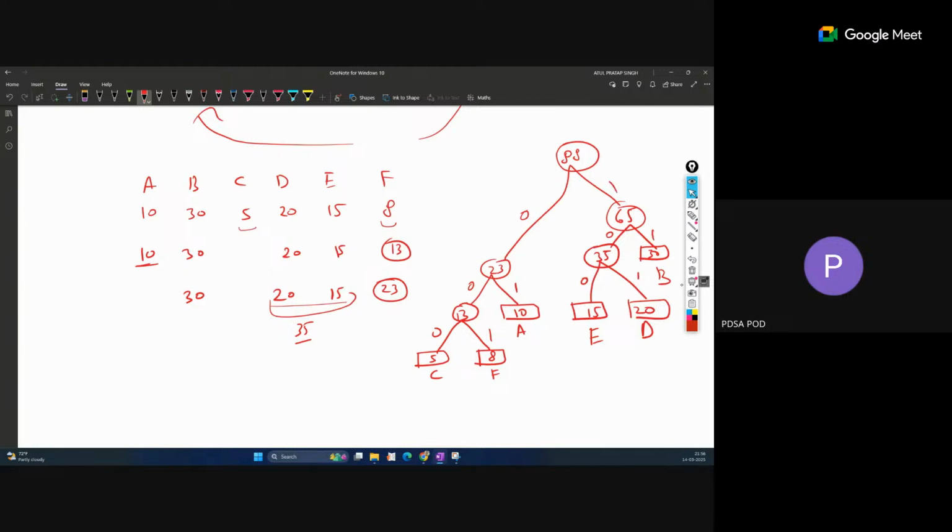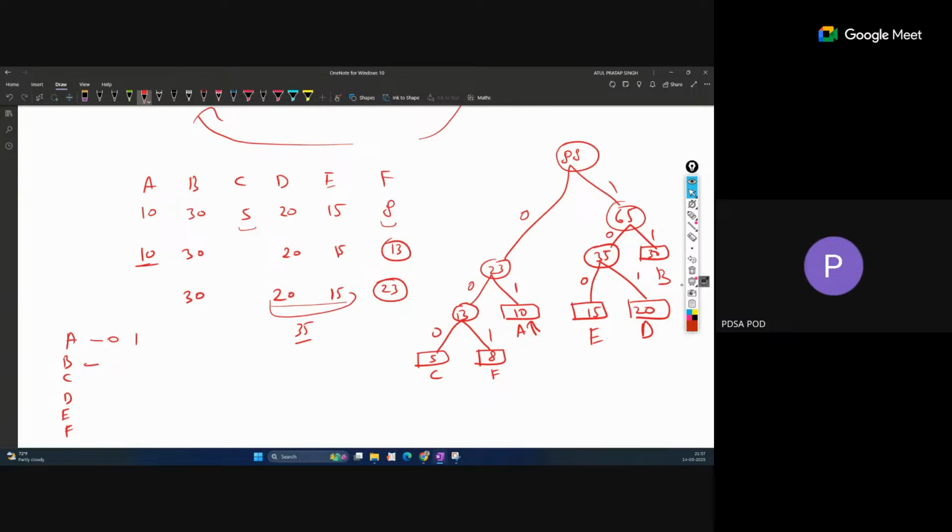Now how will the Huffman code be generated? For A, B, C, D, E, F, just traverse from the root to that character node and note the bits on the edges. For A, to reach this 10, on this path 0 comes first, then 1. So A is 01.